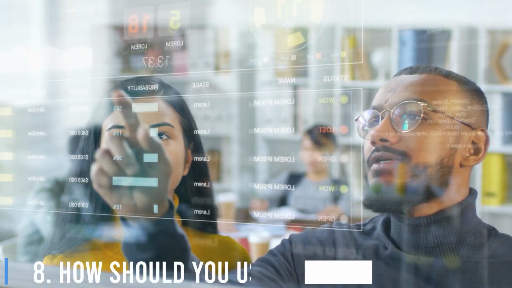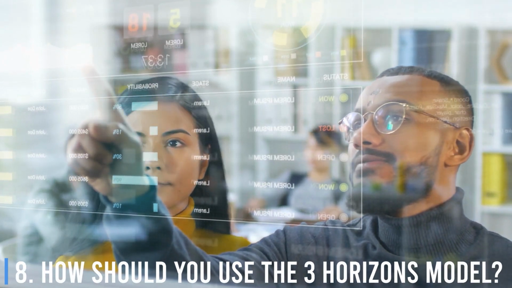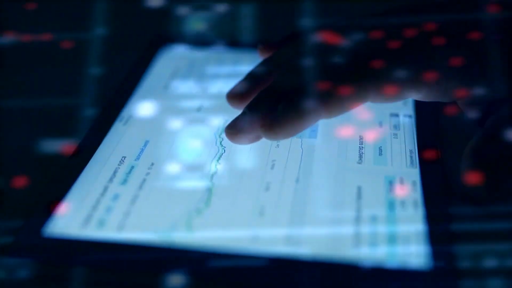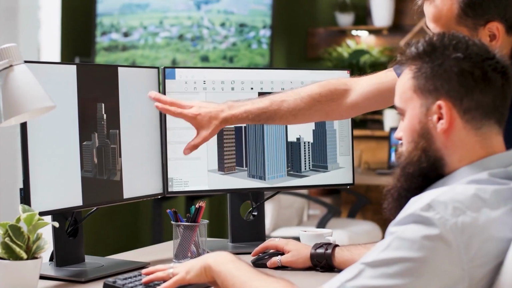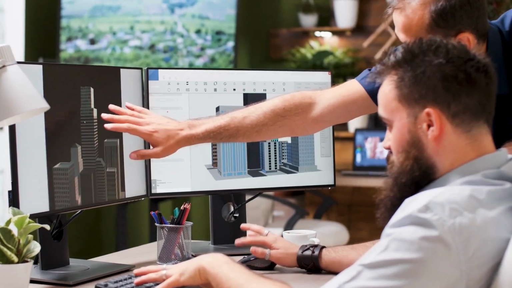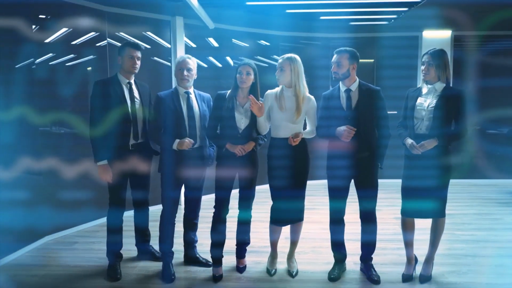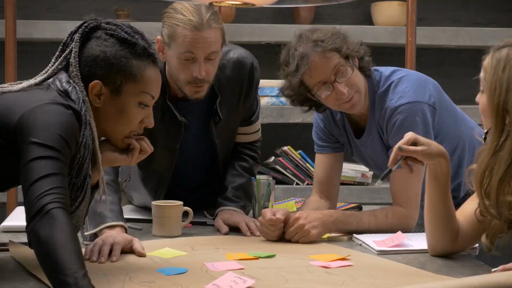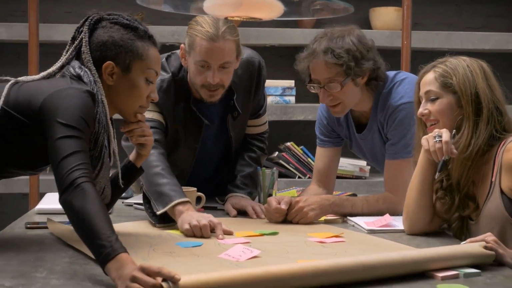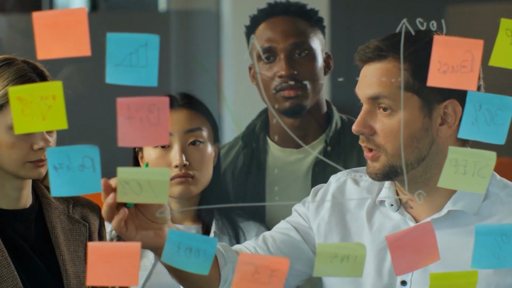8. How should you use the Three Horizons Model? The Horizons Model's key benefit is that it provides a common language with which to understand and talk about the different kinds of growth. Anybody who's ever worked at a large organization knows that each team or board member has a different vision for the company's future.